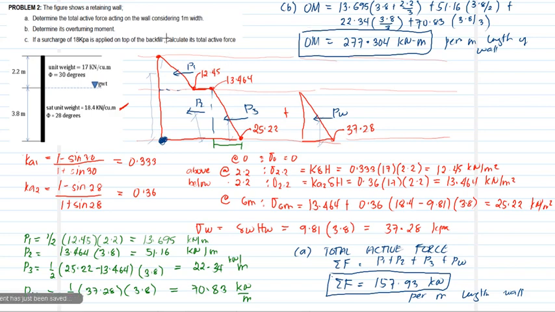And then for letter C, if a surcharge of 18 kPa is applied on the top of the backfill, magkakaroon na tayo ng surcharge dito. So for letter C, mag-a-add daw tayo ng surcharge. So if you still remember, yung surcharge natin is equal to the coefficient multiplied by the surcharge, diba? So yung surcharge natin dito, that is equal to 0.33 multiplied by the surcharge, which is 18.